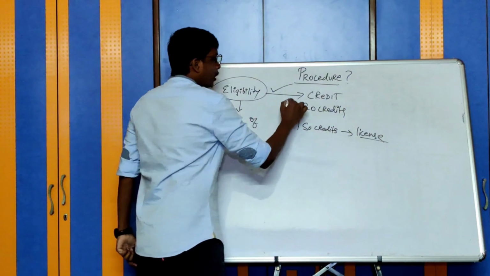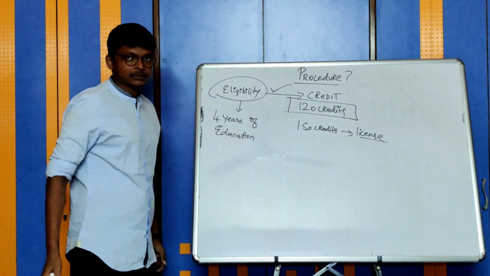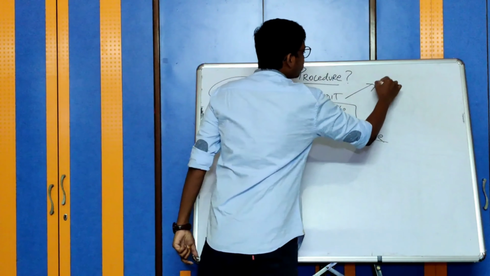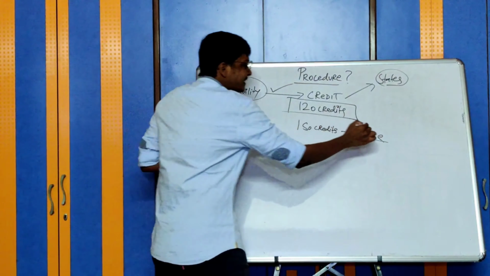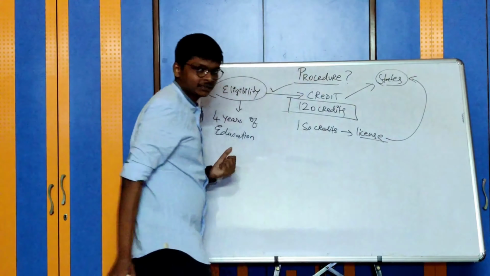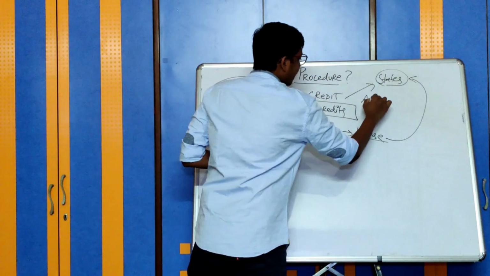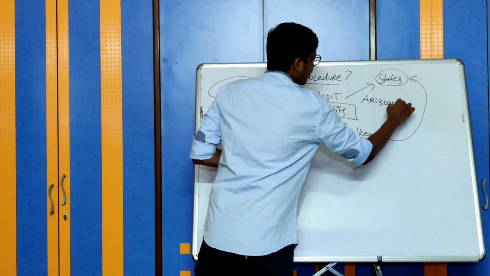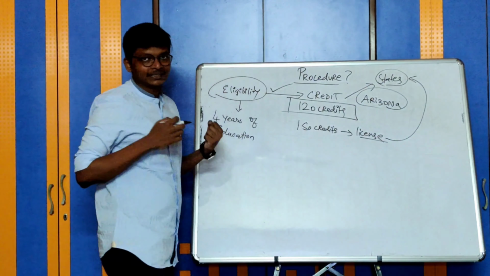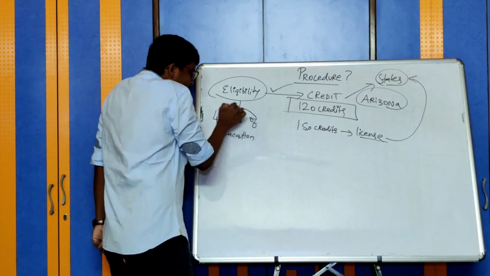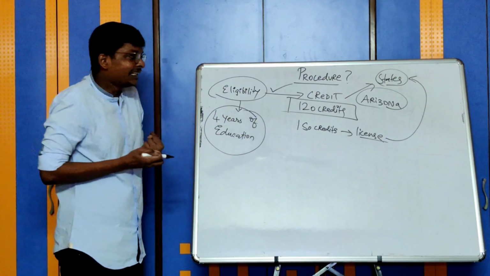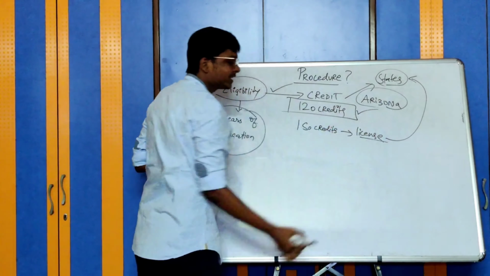Now, what are these 120 credits? You need to apply to various states in the US. You need to choose from which state you want the license. Let's say I want to get my license from Arizona state. I need to check with them whether my education qualification is enough to get me 120 credits.